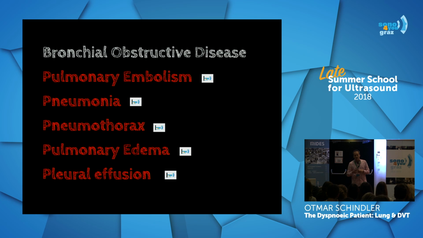Pulmonary edema, of course, is a big differential diagnosis, although in most cases it's not a pulmonary disease. Doesn't matter, the patient comes to the doctor, the patient is breathing heavily, the patient is in distress, so you just have to react. And there is one thing that is not among the big 5, but still you should think about it, the pleural effusion. A pleural effusion that makes heavy respiratory distress is rather a rare condition.